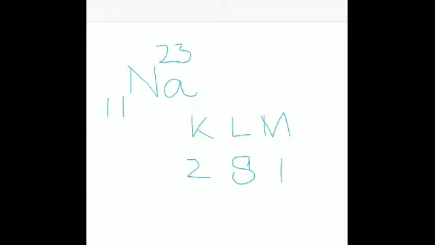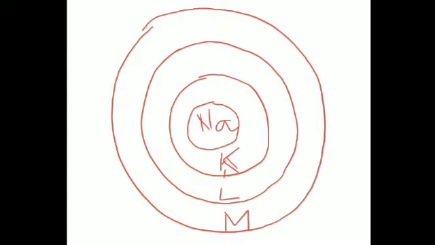Out of the 3 shells, which shell is the outermost? That is the M shell. If you draw the diagram, you can see this is the sodium atom's atomic structure. This is the K shell, this is the L shell and this is the M shell, first, second and third.